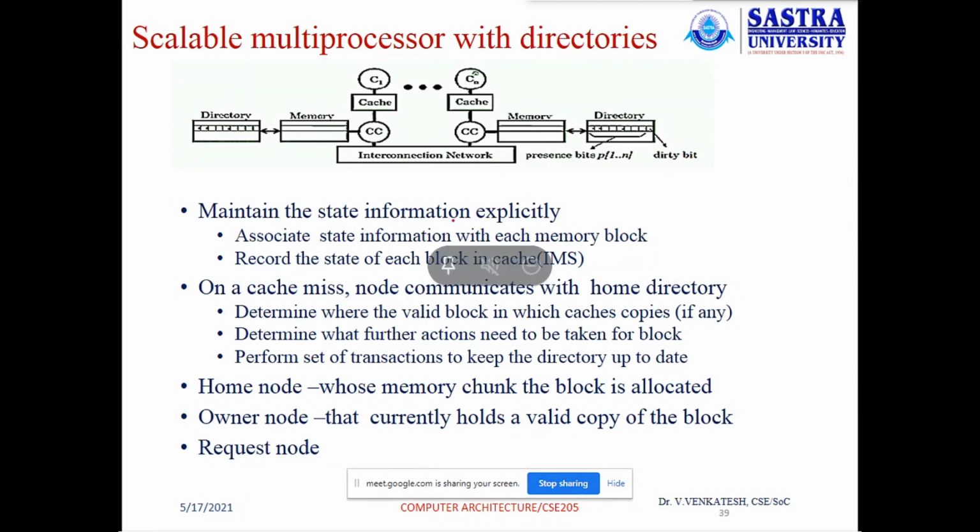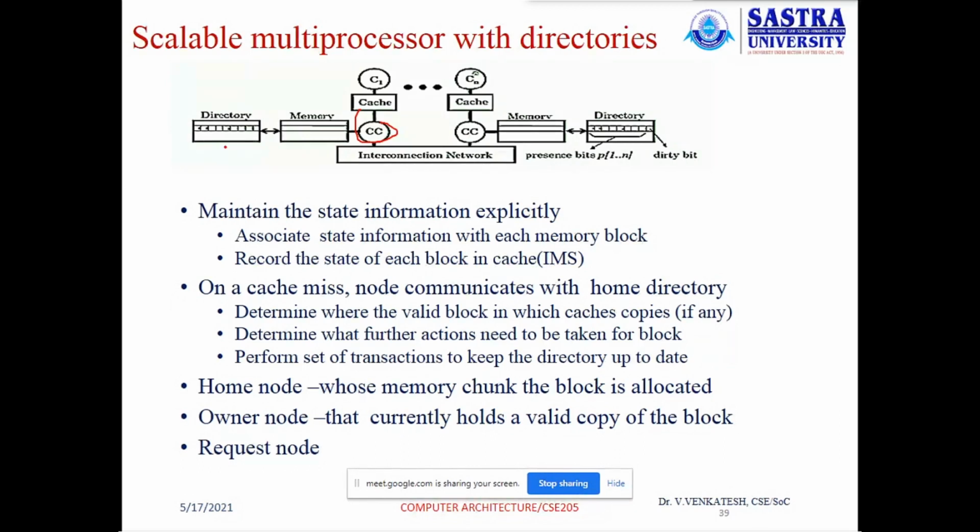Okay. So in that case, already I told you to maintain the state information explicitly. So we have a cache controller. It will explicitly maintain the cache coherence policy. The cache replacement policy will maintain the state information explicitly. So which means that we associate state information with each memory block.